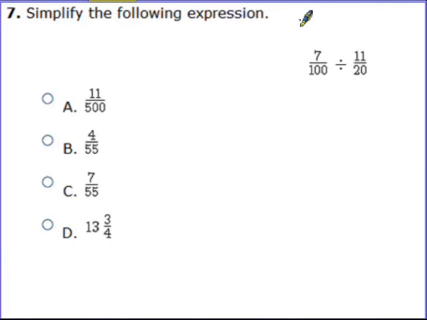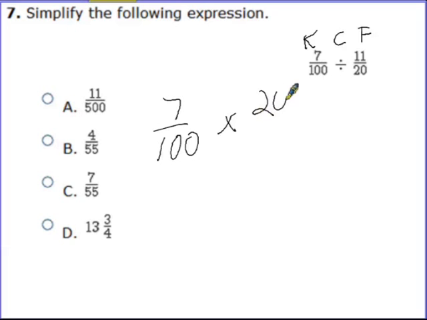Okay, so this problem requires us to keep, change, flip. I'm going to keep my first fraction, change my sign to multiplication, and flip my second fraction. So this time I'm going to cross simplify. Here I can see that 20 goes into both my crossing numbers here.